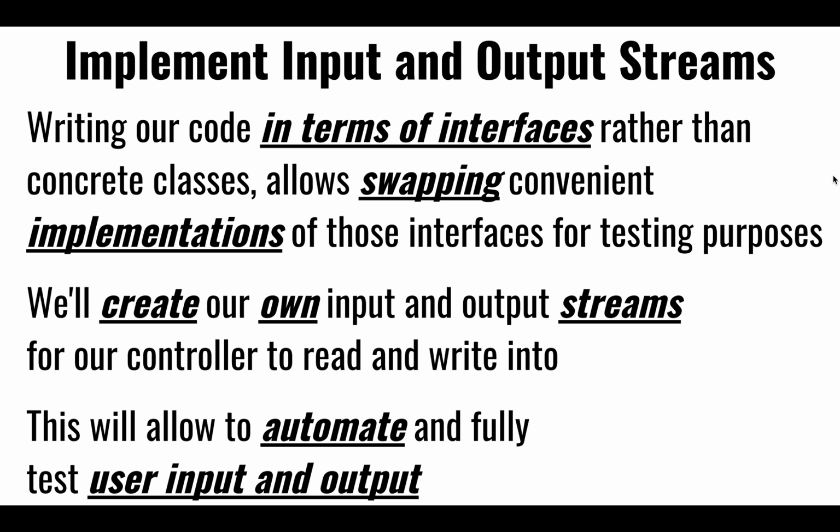So what we're going to be able to do is create our own streams. Now, the names that we use for streams, input stream, output stream, try to connote the idea that data is flowing from one direction to another.